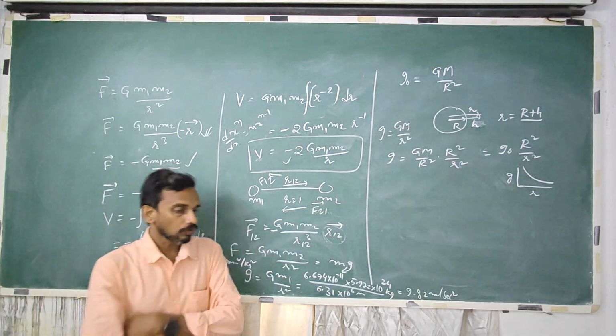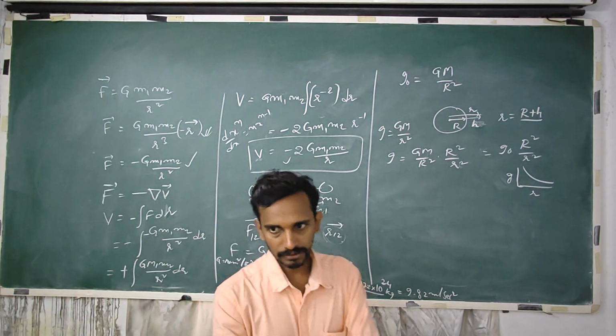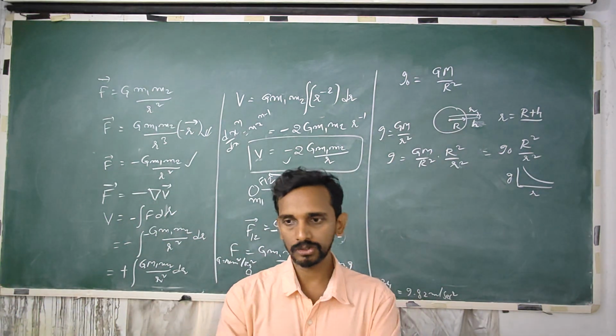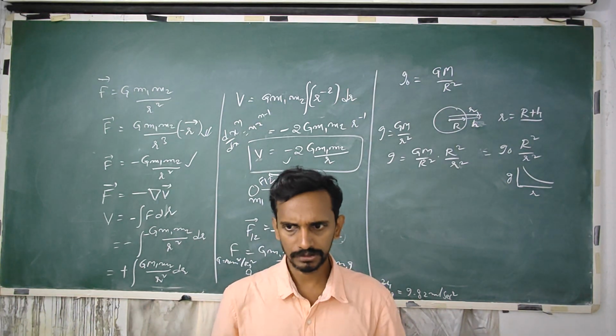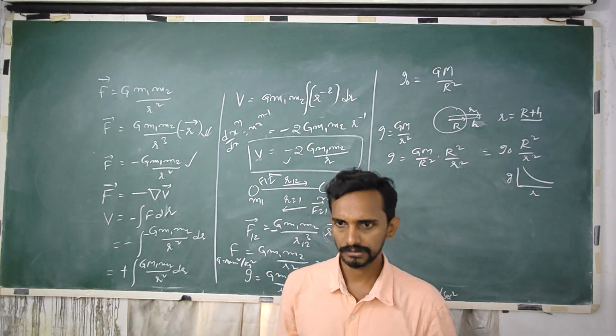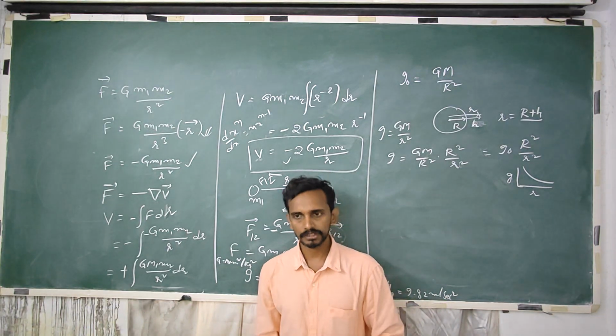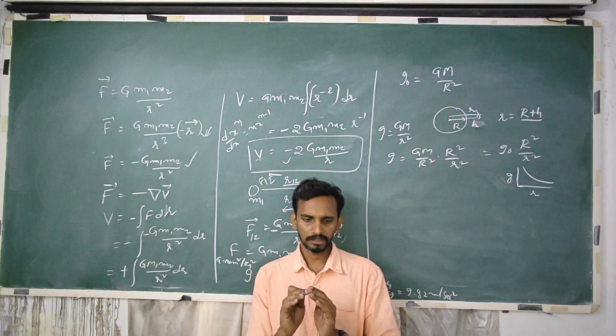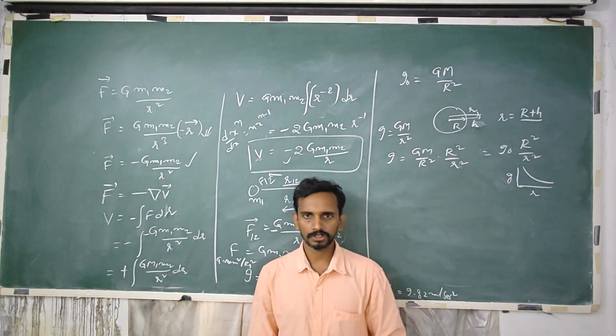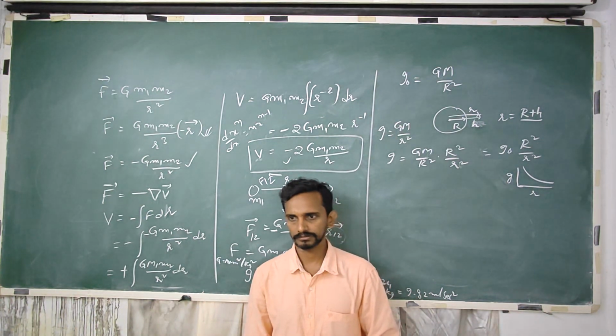What about going into the Earth? When we go into the Earth, r value is reducing, so G should increase. But still it decreases because the volume of the material that we are considering will reduce.